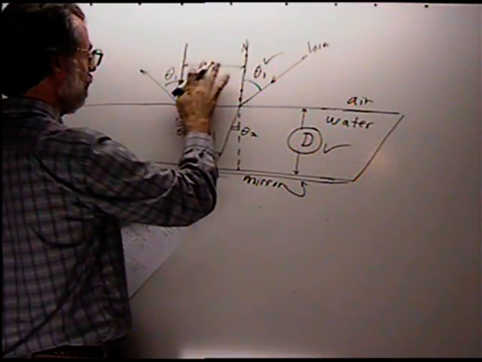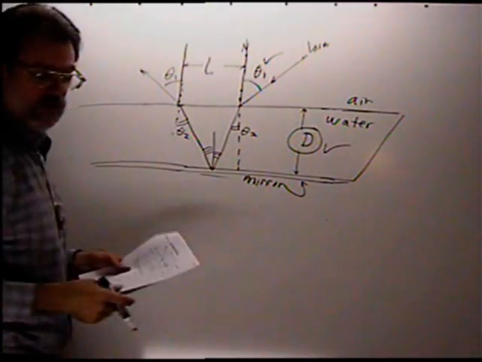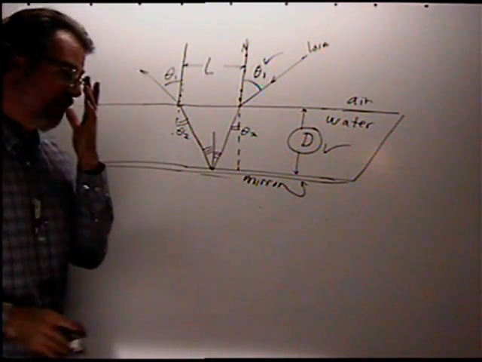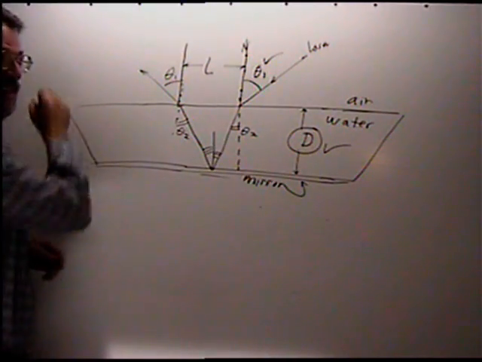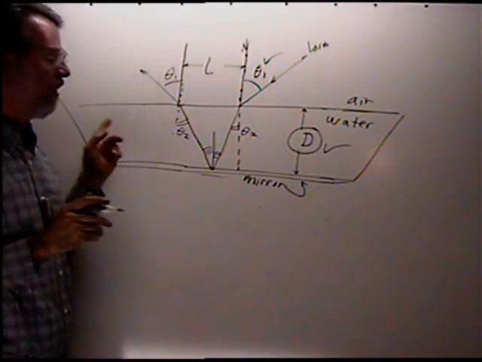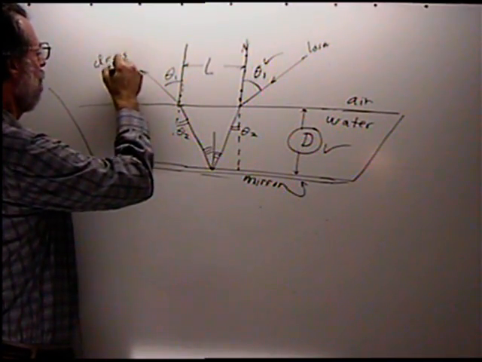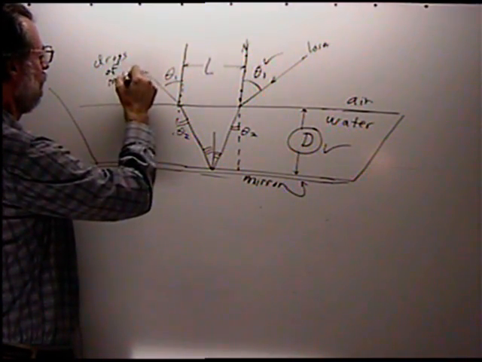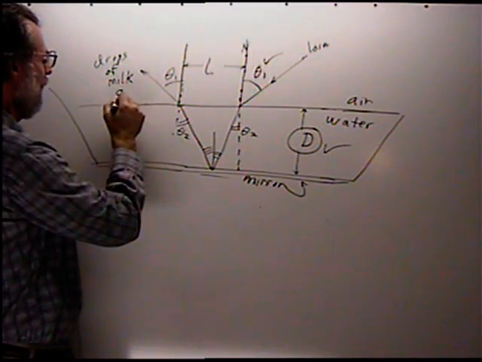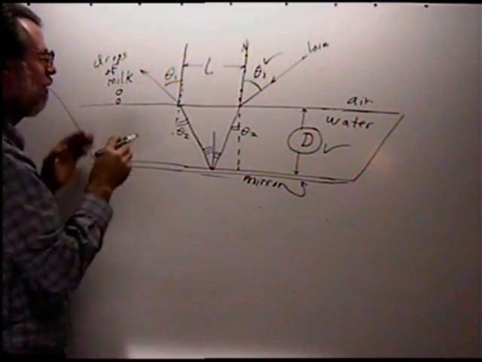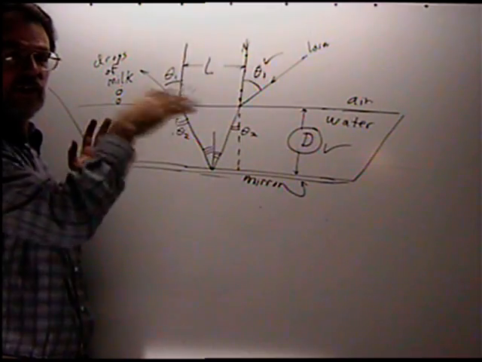And the way we're going to do it is something rather tricky. In this container of water, we're going to put just a few drops of milk. We add just a few drops of milk into the water, and we give it a good stir.